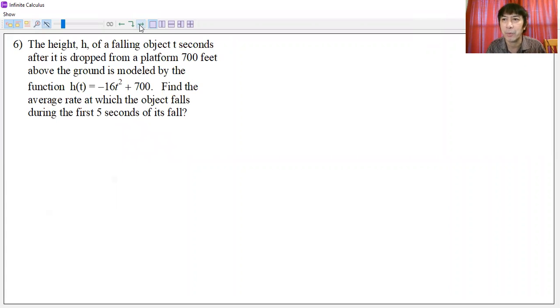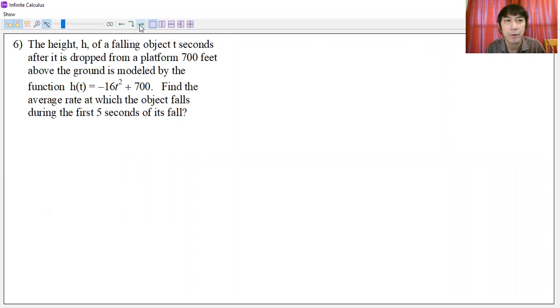All right, we have a worded problem here. The height h of a falling object, t seconds after it is dropped from a platform 700 feet above the ground, is modeled by the function h(t) equals negative 16t squared plus 700.